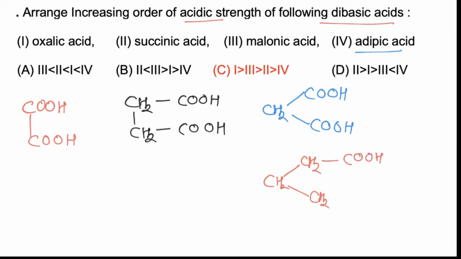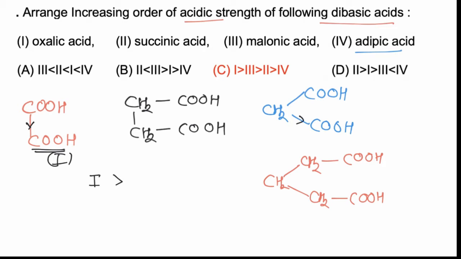Now if we compare among the given acids which is most acidic, in the first case C double OH is closer to C double OH, so minus I effect is a distance dependent effect. So the first has maximum minus I effect and will be most acidic.